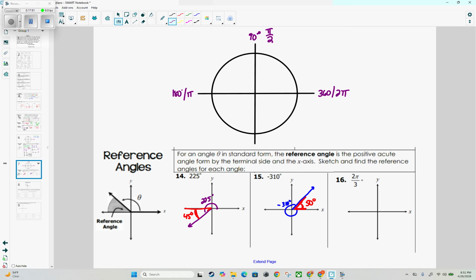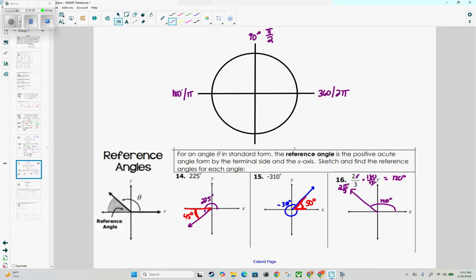So that would be me times 180 over pi. The pi's would cancel off. This is 60 times 2, which is 120 degrees. So 2 pi over 3 is roughly 120. So that's really this angle right here. That's roughly 120 degrees. I'm going to put this as 2 pi over 3.